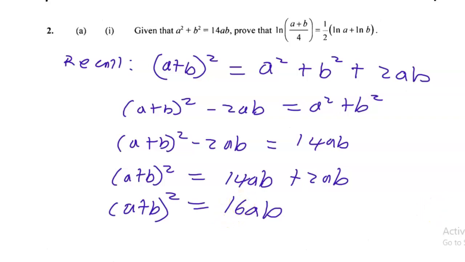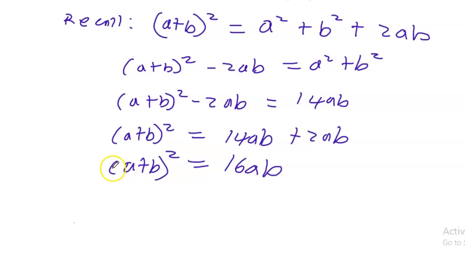And of course I can take log of both sides. So if I log both sides, ln (a plus b) all square is equal to ln 16ab.